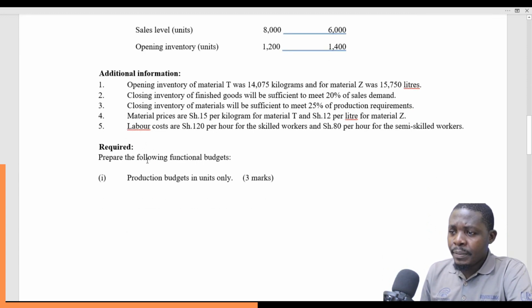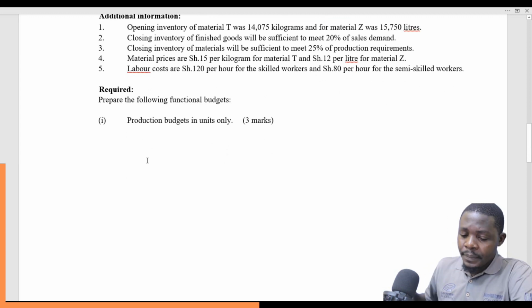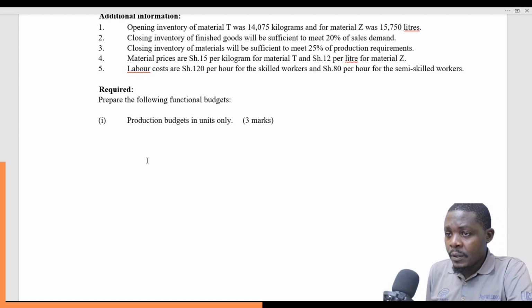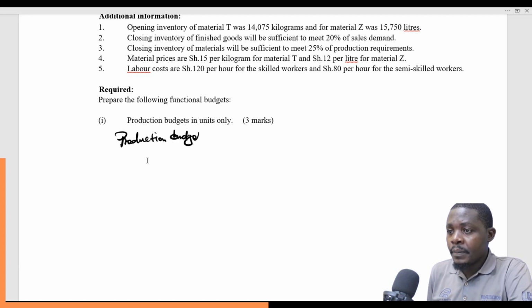We have the production budget in units only. Now, production budget in units. We shall have the closing inventory, that's the formula.